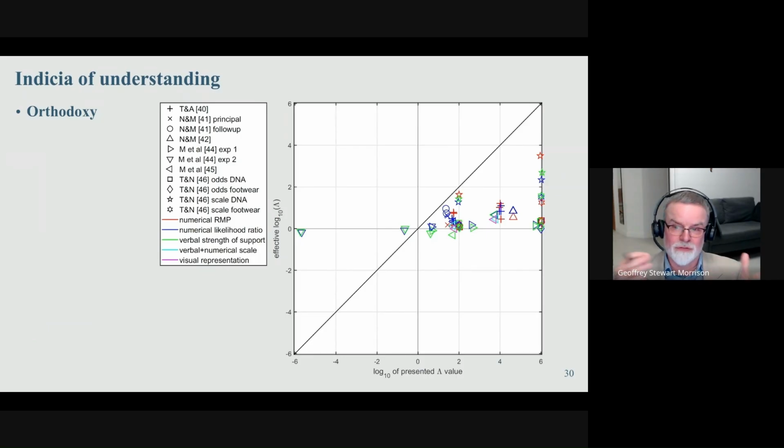And when they're told that it's footwear marks, they pick values closer to the middle on the scale, more conservative values. So again, I think what's happening is that maybe participants think that DNA evidence is more valid or stronger than footwear evidence, and that's why they're picking these more extreme values on the scale. They're not interpreting the same words or the same numbers the same way because it's being interfered with by perhaps their beliefs about DNA compared to their beliefs about the validity of footwear comparison evidence. I think we saw some similar results on some of the slides yesterday.